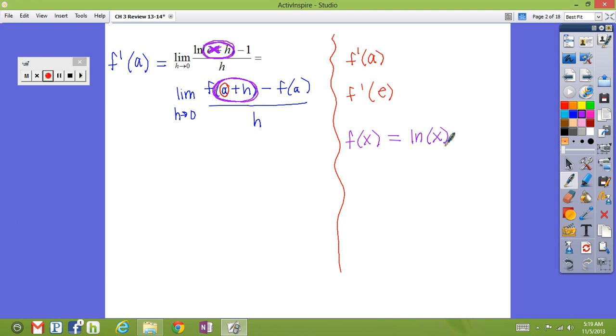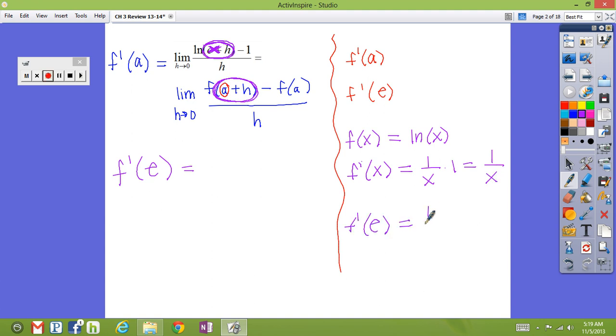It's ln of x. So the new question that you're being asked is, what is f prime of e of the function ln of x? Therefore, for ln of x, f prime of x would be 1 over x times 1, which is just 1 over x. Therefore, f prime of e would be 1 over e.